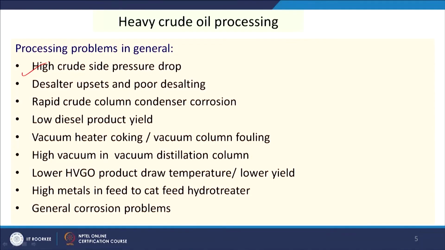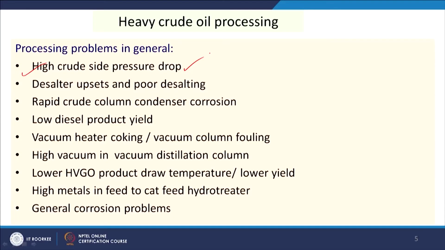So, the important problem for this crude oil is high crude side pressure drop. Once we are pumping the heavy crude after diluent addition, its viscosity is still higher than the light crude and it requires high pressure. So, when it is coming to the refinery side, the pressure drop takes place.